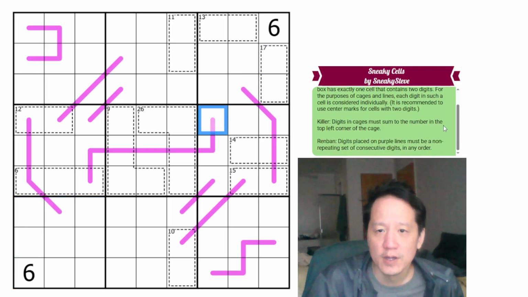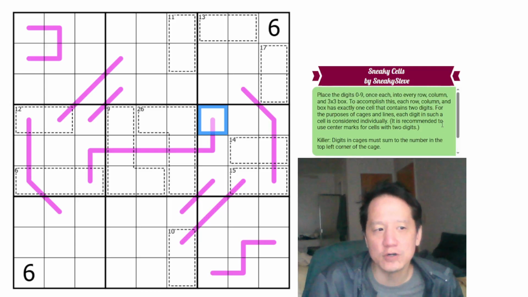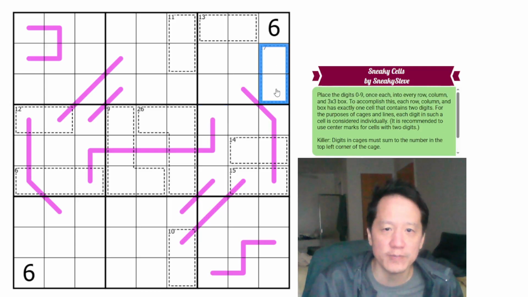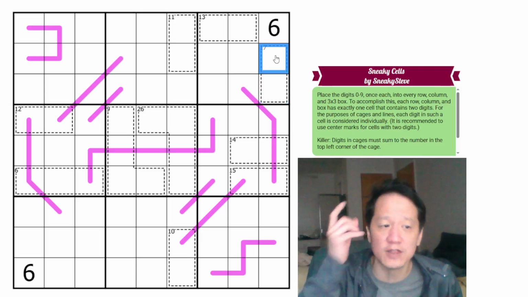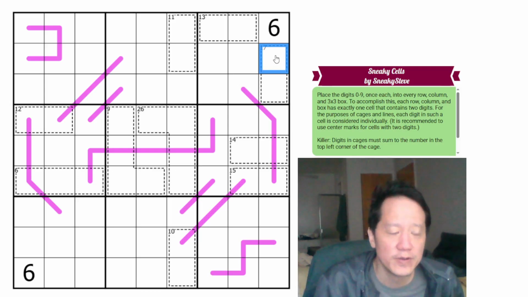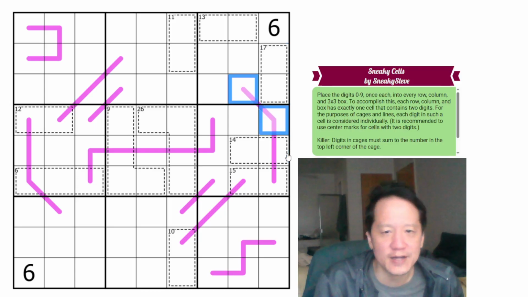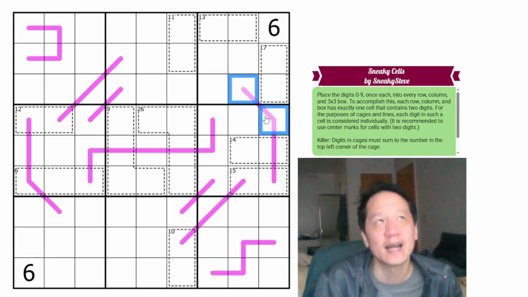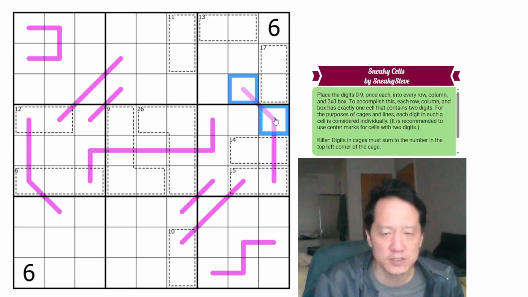So these are usually called Schrodinger cells, and you usually think of the cell value as the sum of the two digits that are in the cell. But since we have a Renban, that's not exactly correct. So I guess it's not exactly Schrodinger cells, because the assumption is that the value is equal to the sum of the two digits.